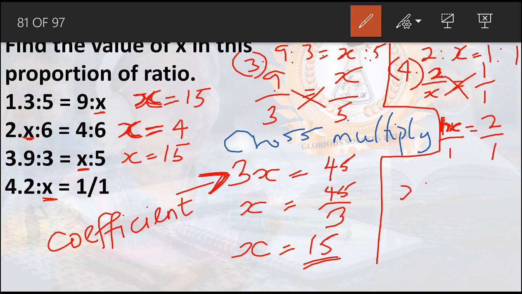So final answer we have x because 1 cancels 1, isn't it? Any number over 1 in mathematics is that number. u over 1 is u. So do you understand it? So we have final answer here to be 2 without doubt. So x here equals 2. Final answer. So these are the workings.